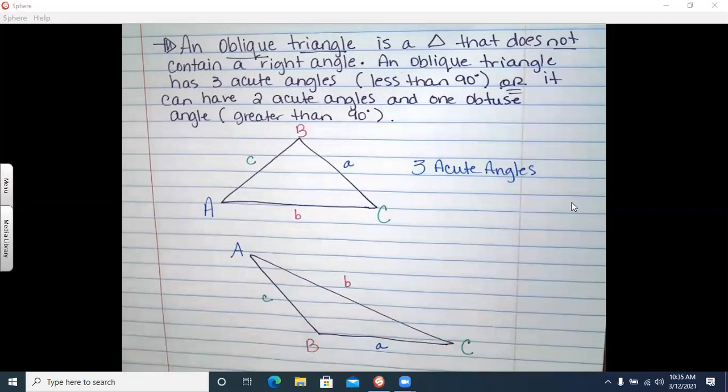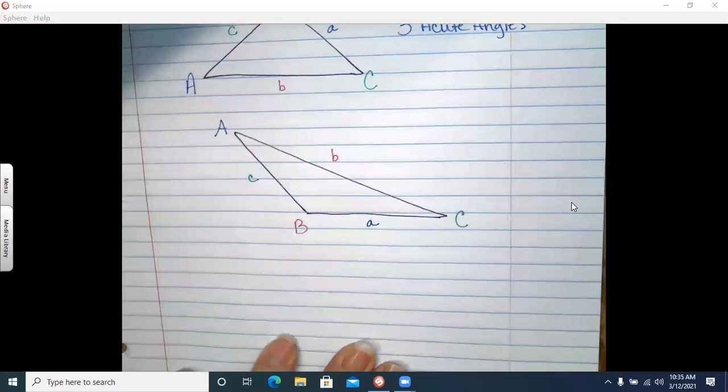Now, we use trig functions like sine, cosine, and tangent on right triangles. So we can't use trig functions to solve a triangle that's not a right triangle, okay?